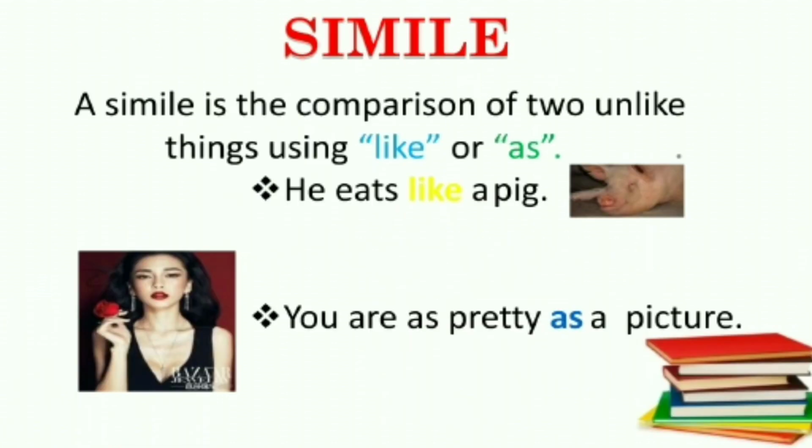Now, come to simile. A simile is the comparison of two unlike things using like or as. It has two parts. First of all, we compare two unlike things. Secondly, we compare the things while using like or as. For example, he eats like a pig. You are as pretty as a picture.